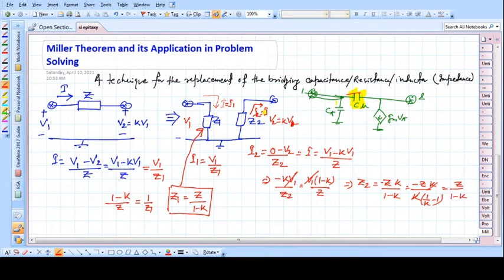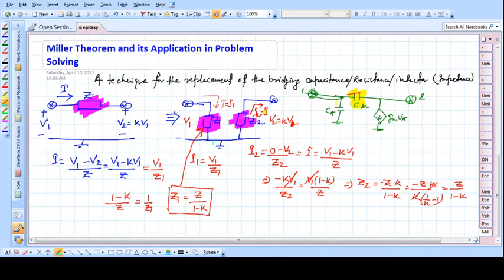So what I am doing is taking this Z, and this bridging impedance is replaced with two impedances, Z1 and Z2.